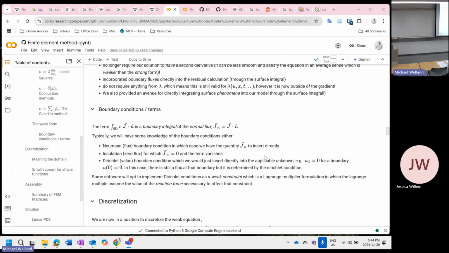If you do something like COMSOL, they're going to mention something called a weak constraint. A weak constraint is a Lagrange multiplier. Right? The benefit to doing it that way, if you guys remember talking about the equality constraint optimizations, don't worry about that in this context. Lambda ends up being the reaction force by which that constraint is affected.